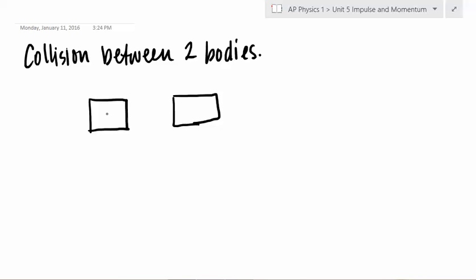Maybe this is object 1 and this is object 2. Object 1 is moving to the right and object 2 is moving to the left. They don't have to have the same velocities, just moving towards each other.